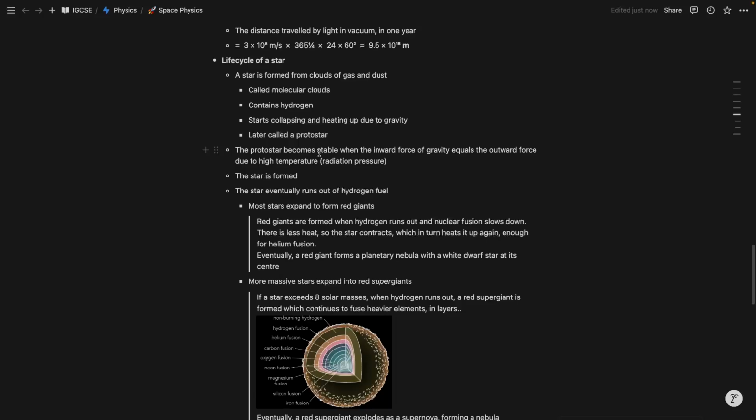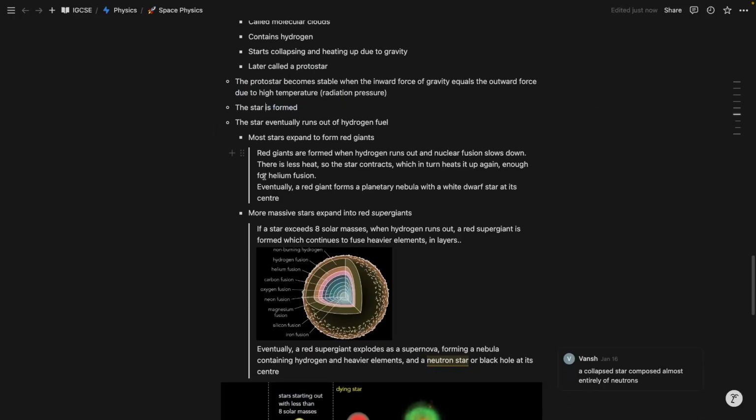This is stable when the inward force of gravity acting on the atoms inside of this molecular cloud equals the outward force due to high temperature and pressure, radiation pressure. So that is when the star is formed, and that is when nuclear fusion starts within the star and releases a lot of the energy.